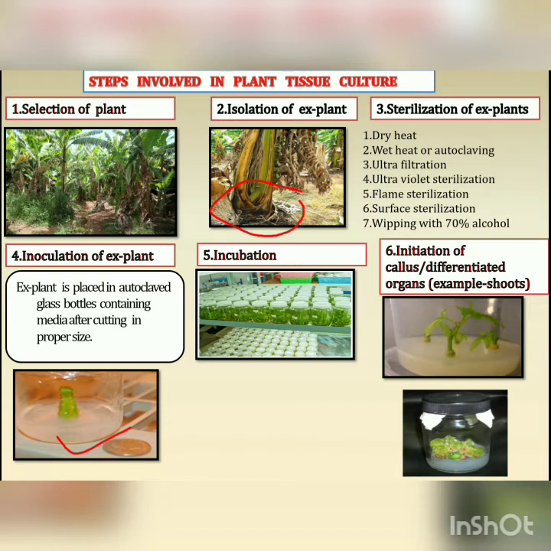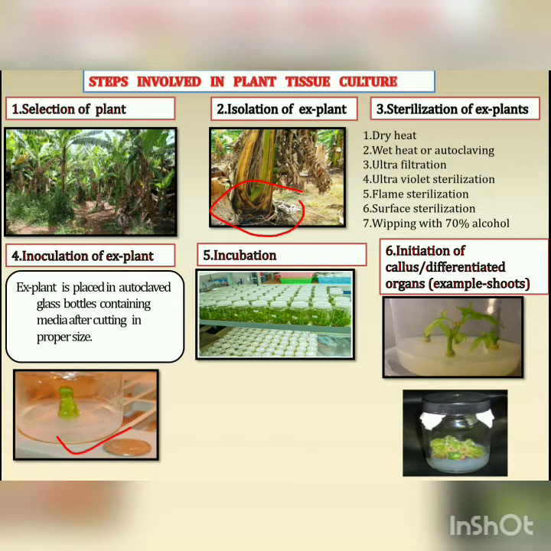As plant tissue culture involves culturing of all plant parts, which can include a single cell, organ, or tissue, or culturing of roots, stems, leaves, and meristem, I have added here for your understanding callus as well as differentiated organs, for example shoots.